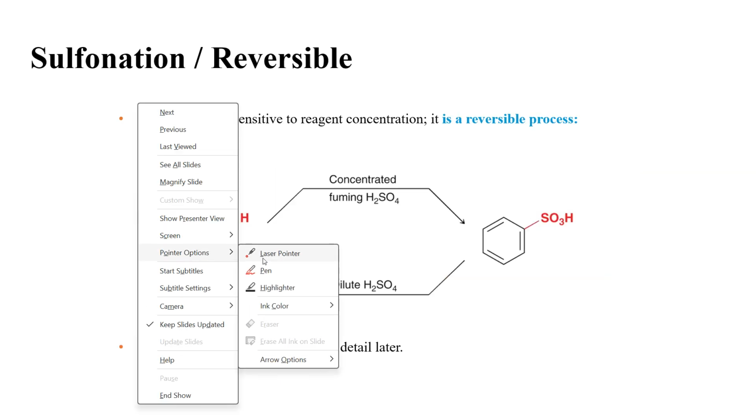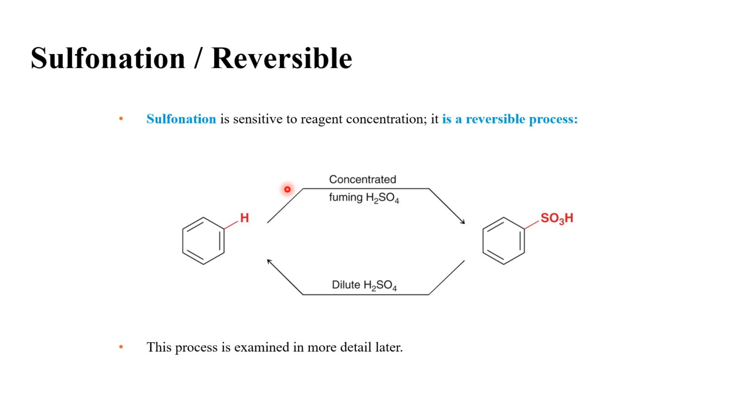Now, the thing about this reaction, and this is actually really useful, is that when you do the sulfonation, this is actually a reversible process. So if you dilute this reaction, meaning you just add more water to it, you don't make it as concentrated, it goes back to having the proton here.